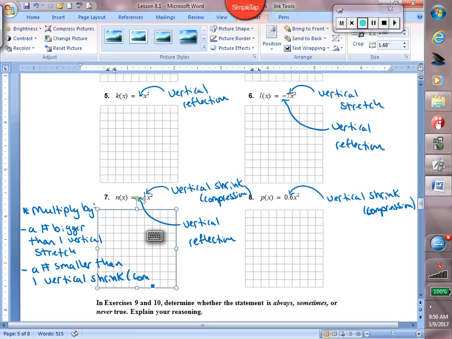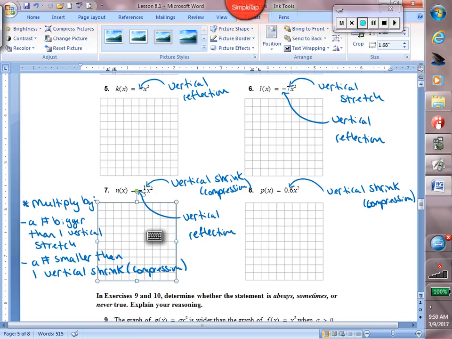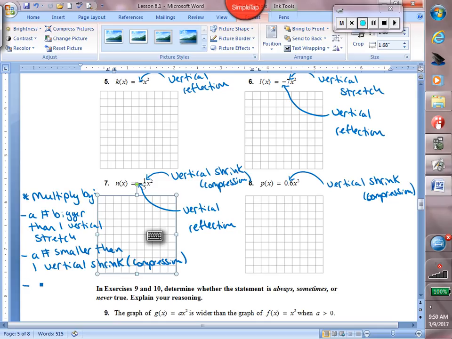Or again, compression is fine. I know some of you have learned these transformations before. And then if you multiply by a negative number, that's our vertical reflection. As you move on to now do your progress check, you may use your notes to complete that progress check.